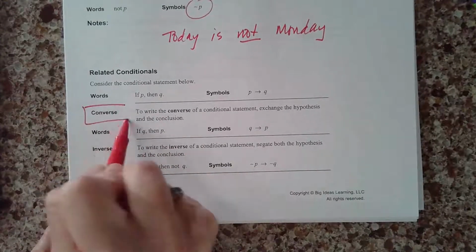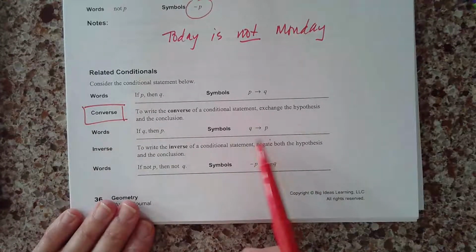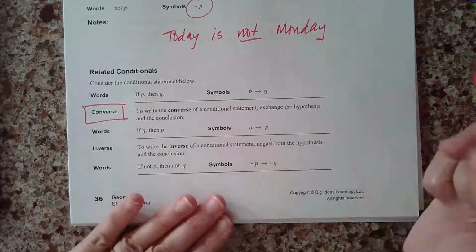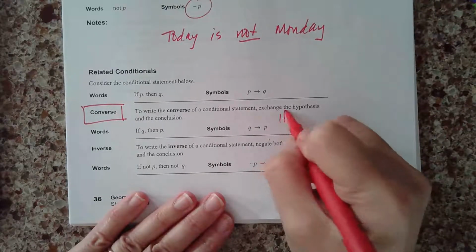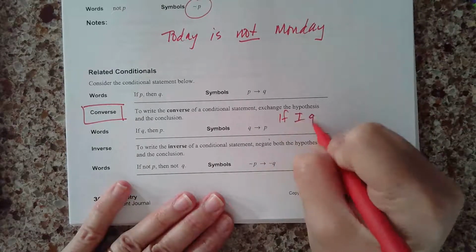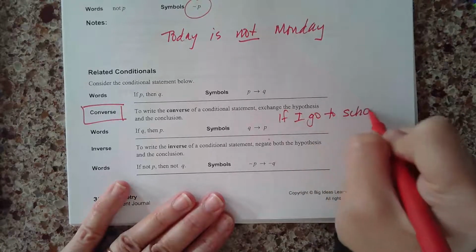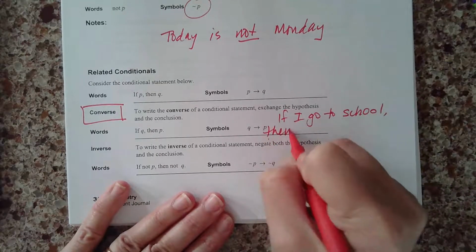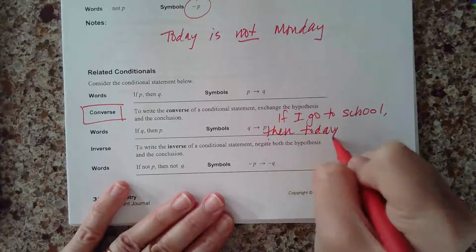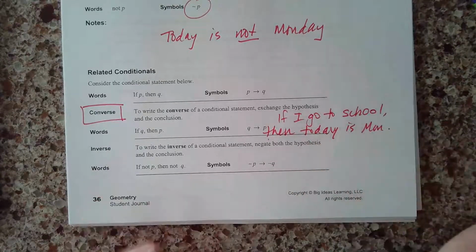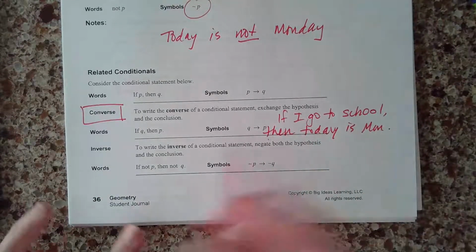So converse was the one where it was just the opposite order. So then the statement would look something like, if I go to school, then today is Monday. So that's like the opposite order.